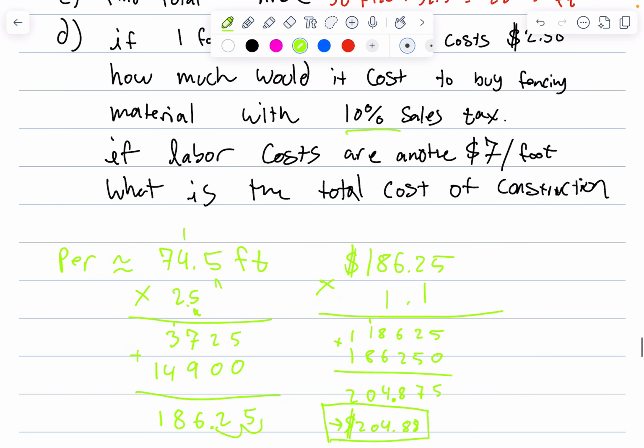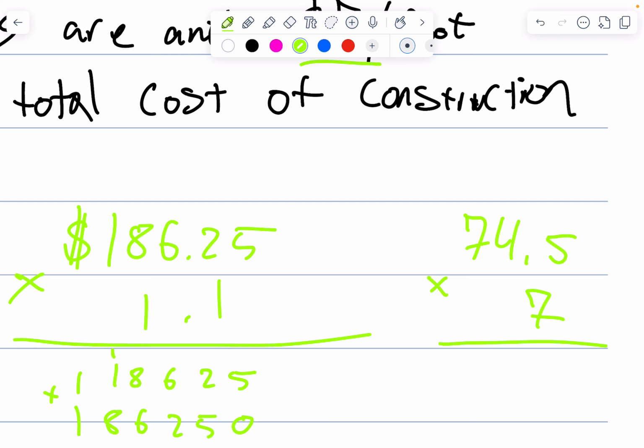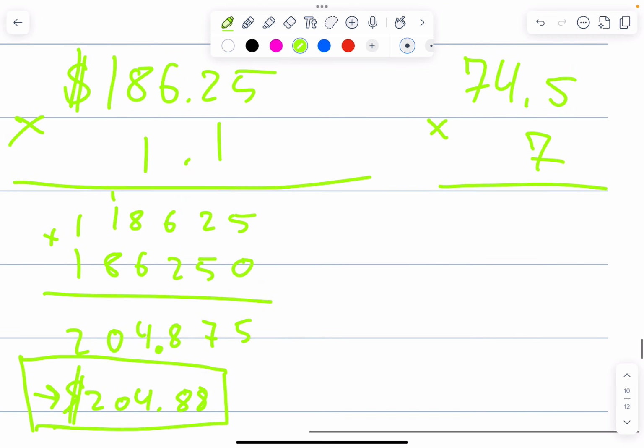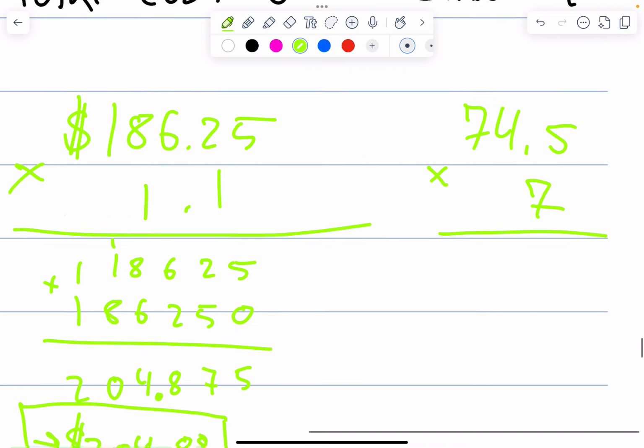Okay, and then the last one says if labor costs are another $7 per foot, what's the total cost? So again, we go back to this number, 74.5. 74.5 times $7, because now we have to do labor. So parts is just 204.88. Labor, we have to do this. Okay.